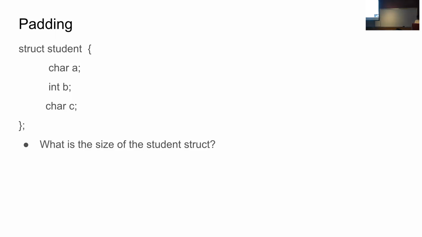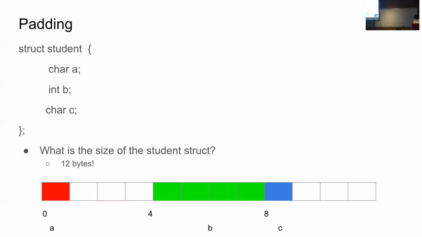So let's think about it. The size is actually 12 bytes, right? And the reason is that we are storing each field in the order that it's put in the struct. So we would first look at A and say, okay, I want to store A, we can store it right at 0. And then we go to B, right? It's an integer, it has to be stored on a multiple of 4. So we had to put it at the 4th index, right?